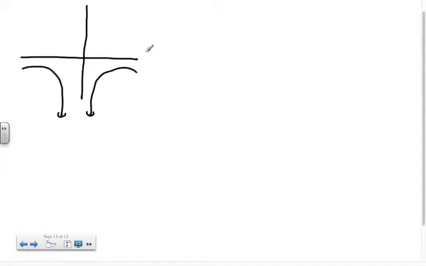This is, again, y equals f of x, and this is unbounded decreasing.